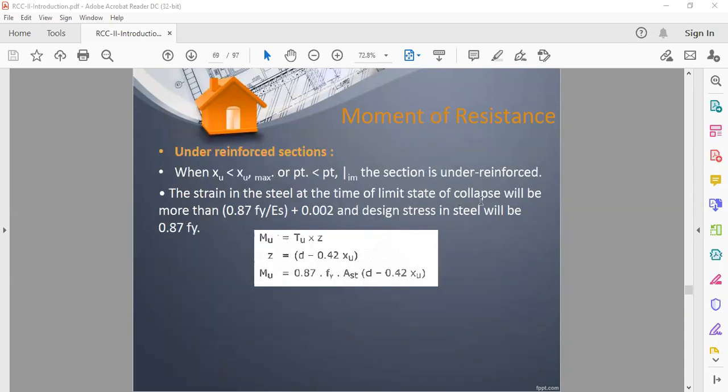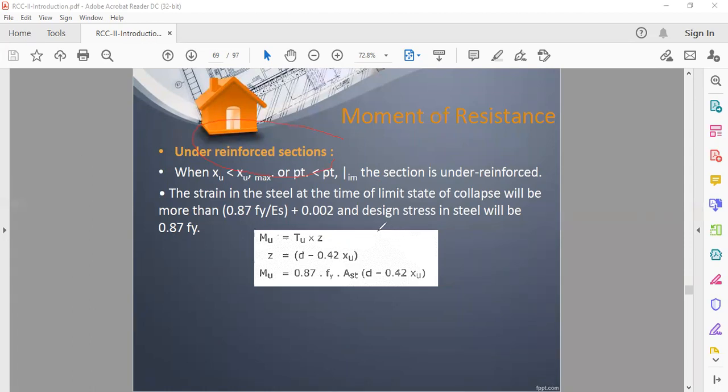So if we look at that, moment of resistance depends upon whether the section is under reinforced, balanced, or over reinforced.